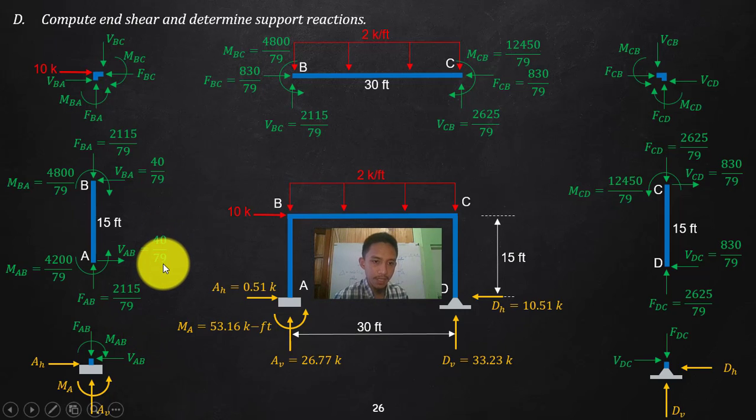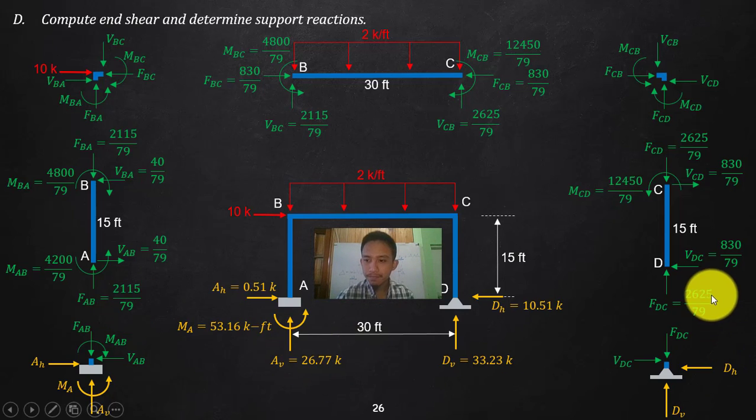is 40 over 79. In decimal, that is 0.51. MAB is the same as MA, so 4200 over 79, in decimal 53.16. And then FAB is the same as AB, 2115 over 79, in decimal 26.77.